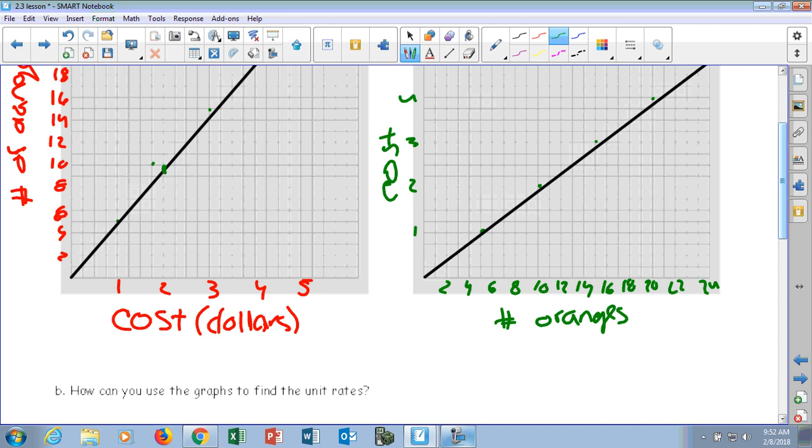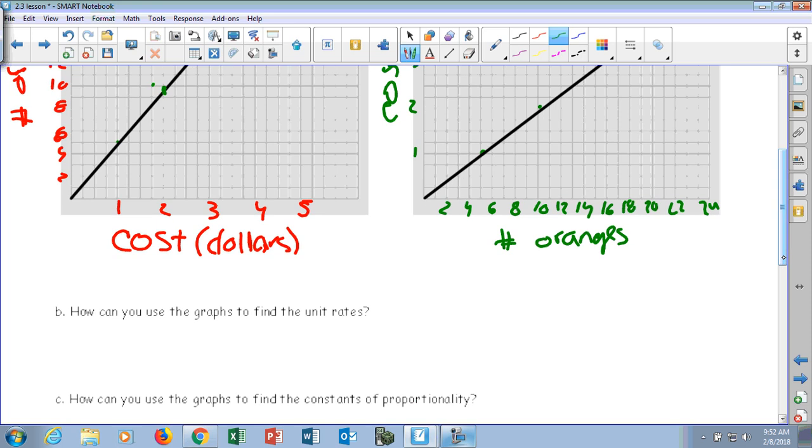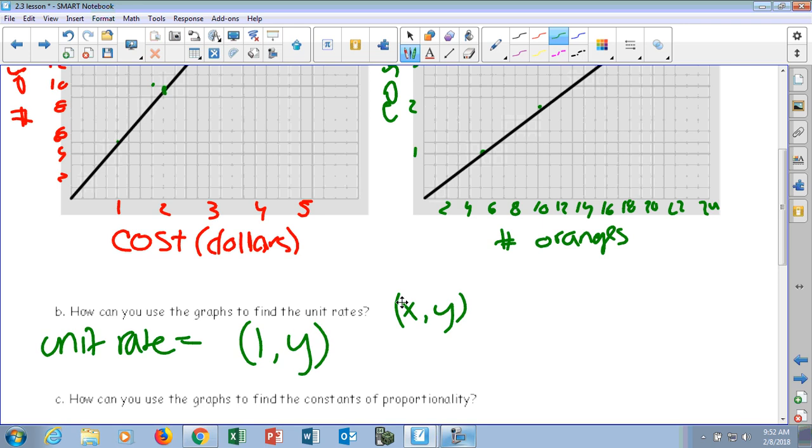Gracie? Our unit rates in our graph. How can we find it? Well, if we put it in our coordinates, x, y, this is what we want it in, we can find our unit rate, right? Would be, and what our y is.